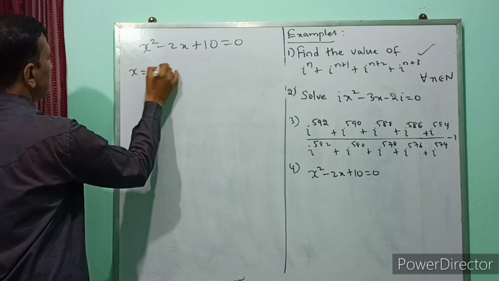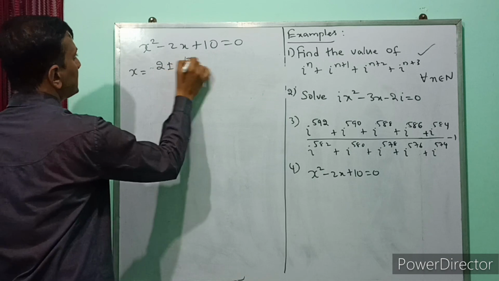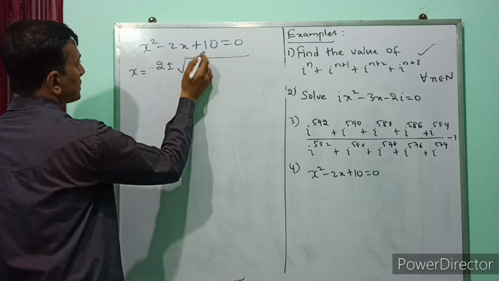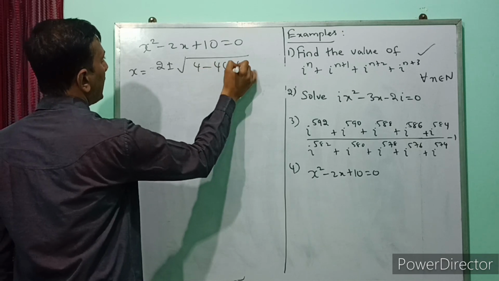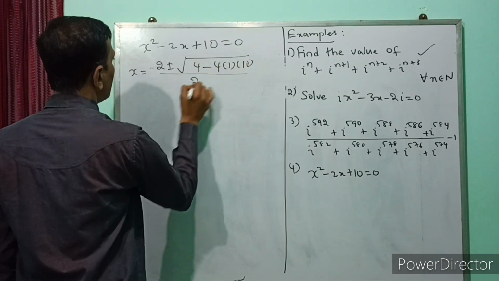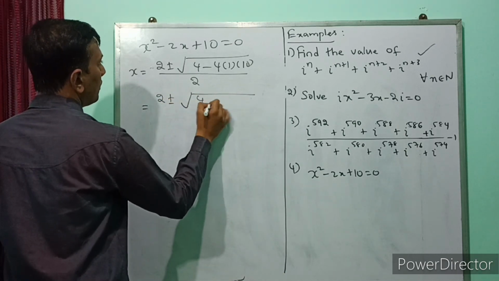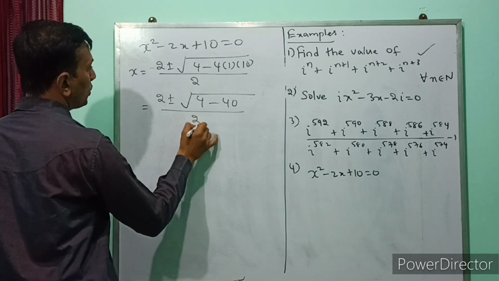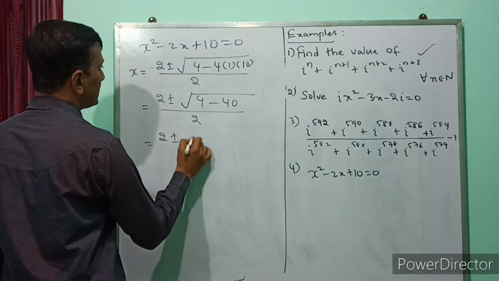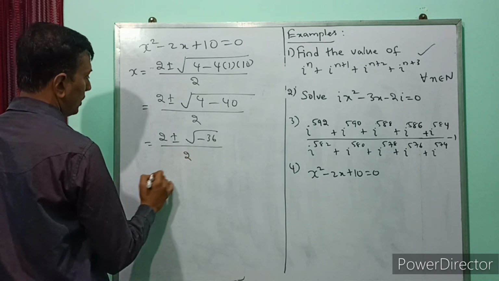Same, x is equal to minus b plus or minus square root of b square minus 4ac by 2a. So 2 plus or minus square root of 4 minus 40 by 2.